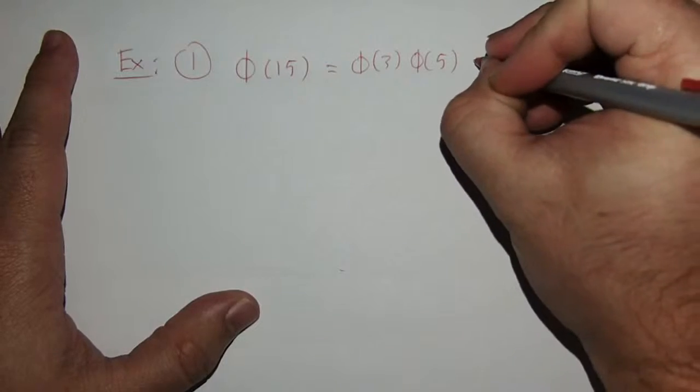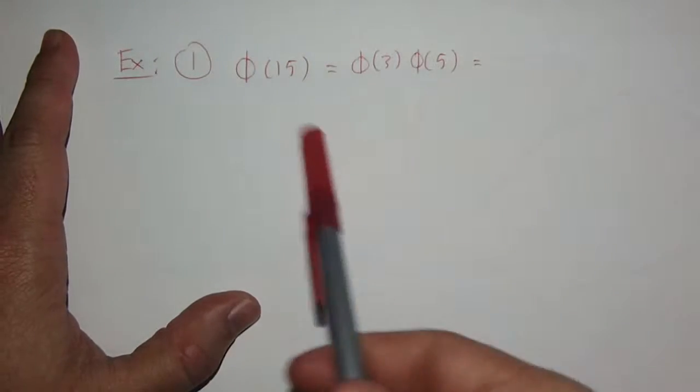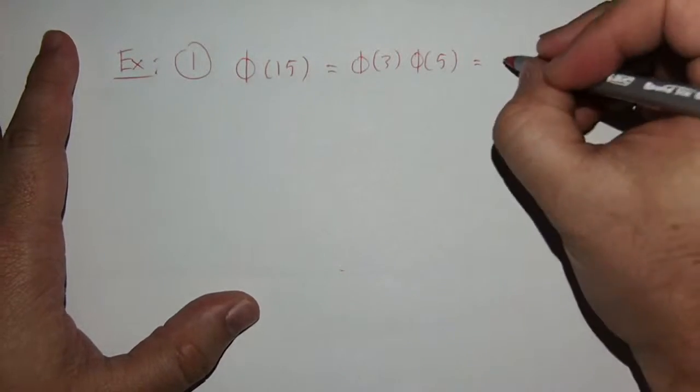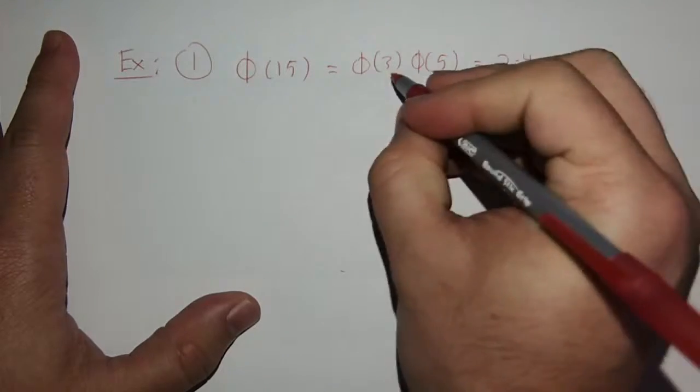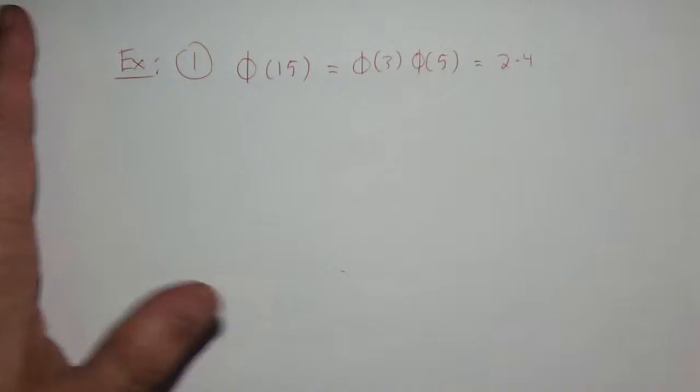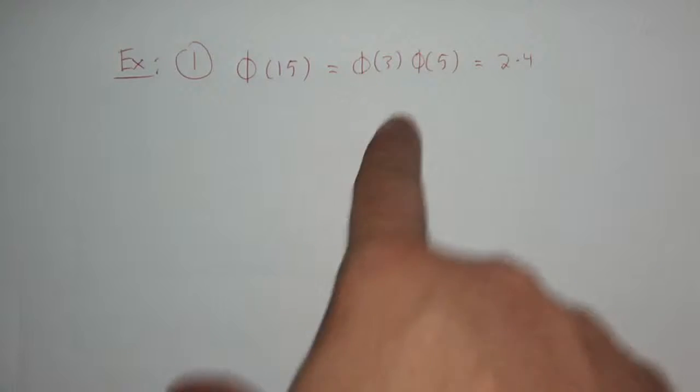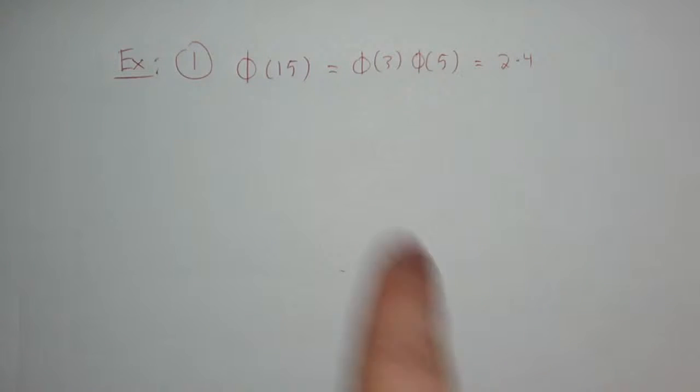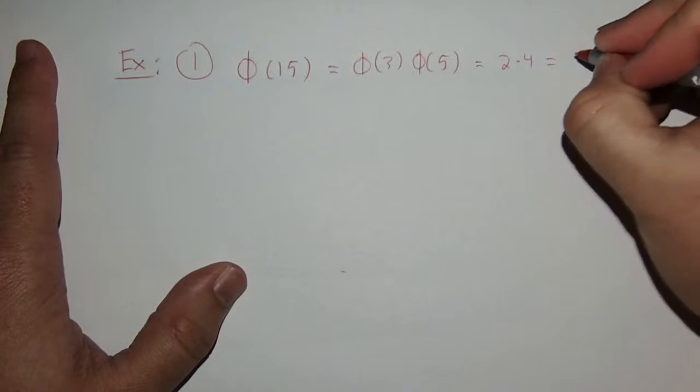And this is easy enough to compute. This is going to be 2 times 4, of course, because 3 and 5 are both prime, so phi of 3 is 3 minus 1, phi of 5 is 5 minus 1. So this is 2 times 4, or 8.